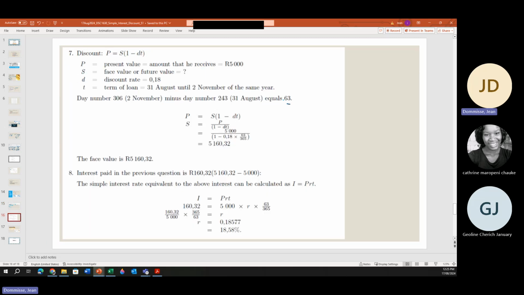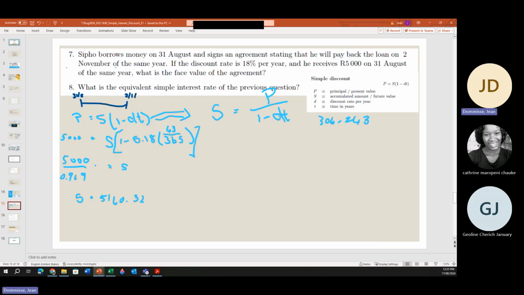The 63 days, working with that formula, gives 5160.32.